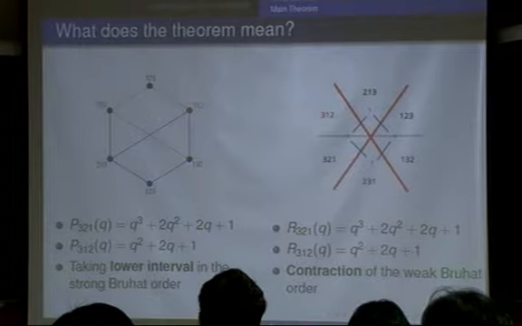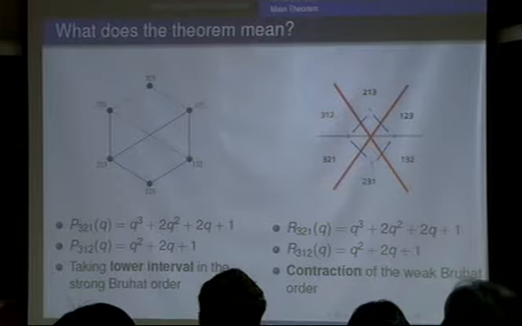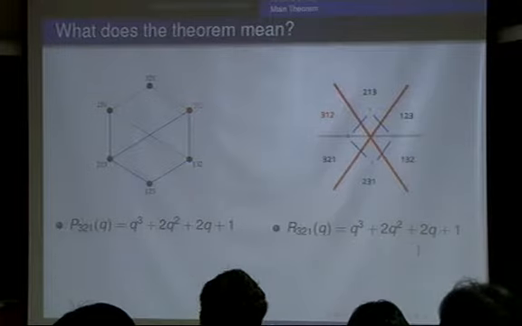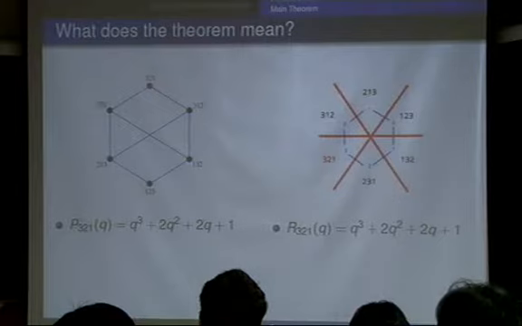But this is taking a lower interval of a strong Bruhat order, while this is taking a contraction of a weak Bruhat order. Okay, the weak Bruhat order is just this blue graph. You can just think of the weak Bruhat order as this blue graph.